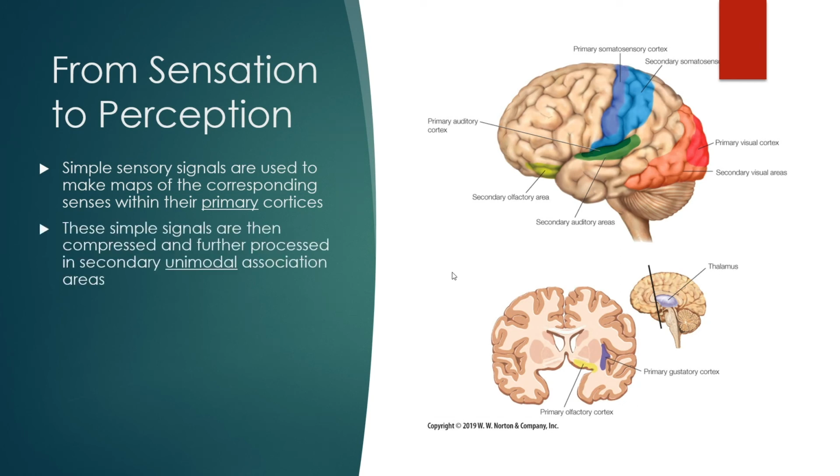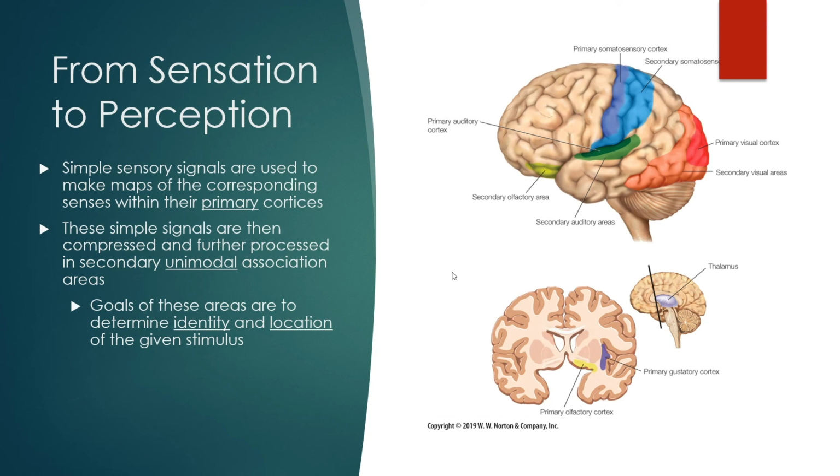And then as these simple features get more complex, they get spread out to these secondary cortices that are bordering the primary ones. That's really important because they're actually getting synapses from the primary cortex. They're consolidating information, adding more to it, associating different information from different parts of the primary visual cortex to identify objects. And that's kind of what I was getting at here.